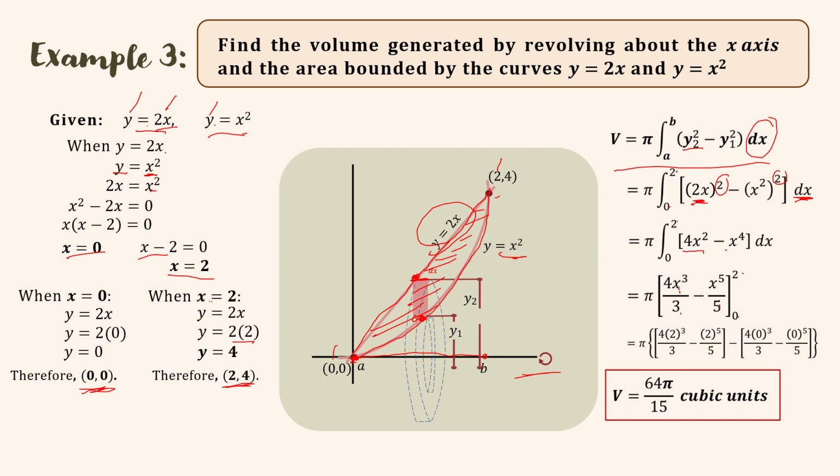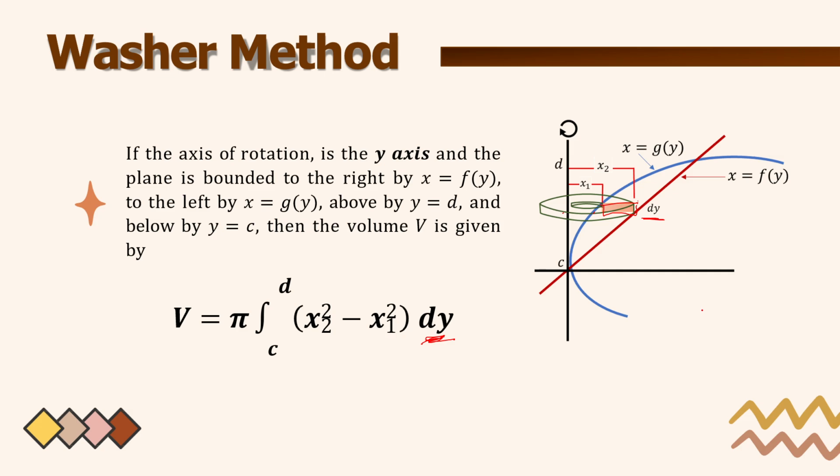So pi times 4x cubed over 3; substitute the value 2 here, and the lower limit will become 0. So if we use the calculator, v is equal to 64 pi over 15 cubic units.